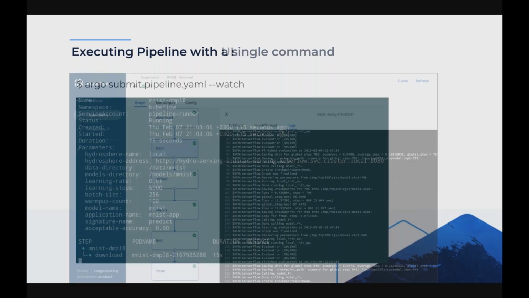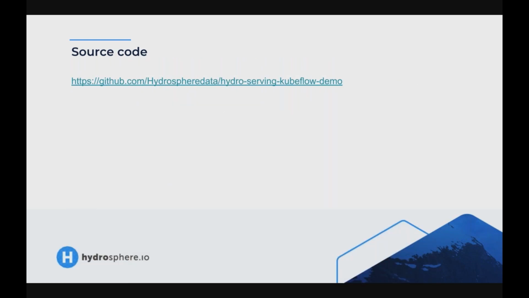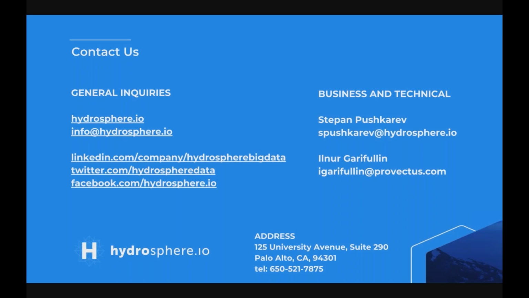And to give the exact single command that will run that pipeline is this. You can submit that pipeline that was generated by Kubeflow with the Argo CLI, and watch how it executes. Another step for you is to upload such a pipeline into the Kubeflow UI and see how everything works out.